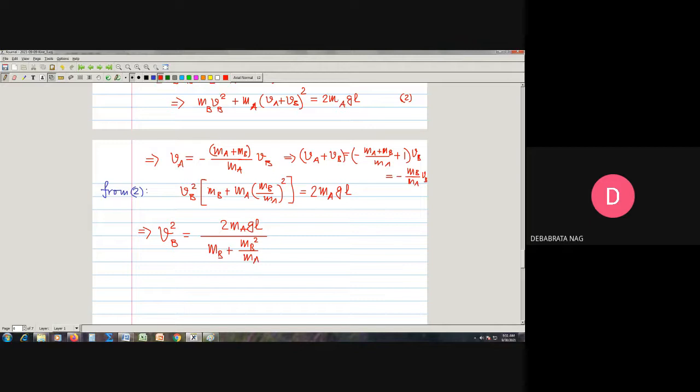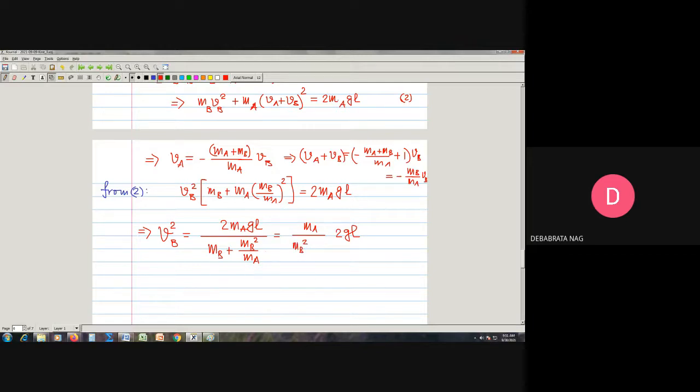So we have MA, and I can write it in this manner. I can just segregate this equation. In this case, this is twice GL, and this non-dimensional term will be MA, and then MB square by MA.